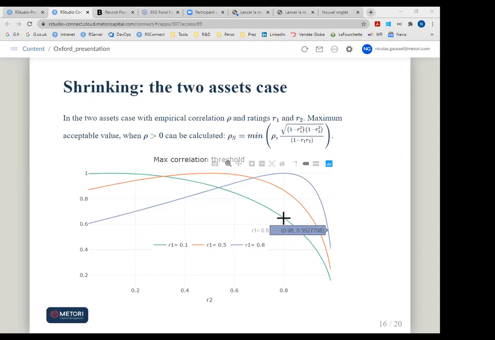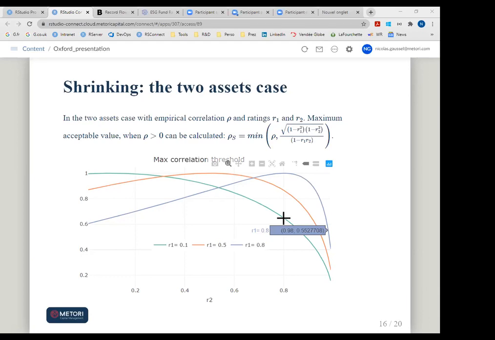55%, which is natural. If two assets are very similar, in this model you cannot reconcile that with the fact that the correlation is very different, so to say. So if two assets have a very different ESG rating, the correlation cannot be too high.